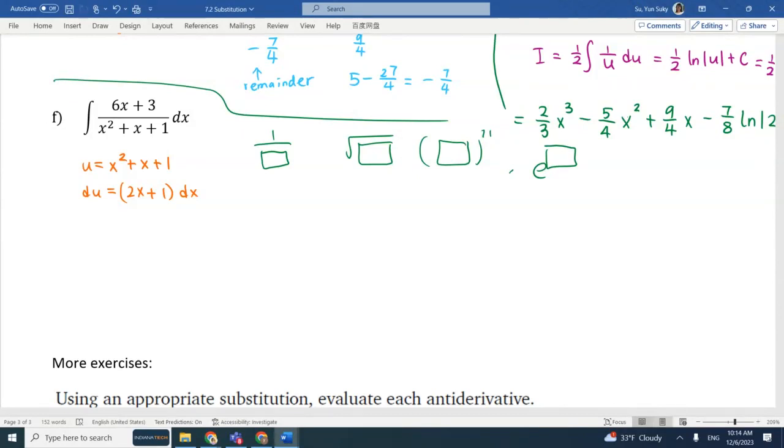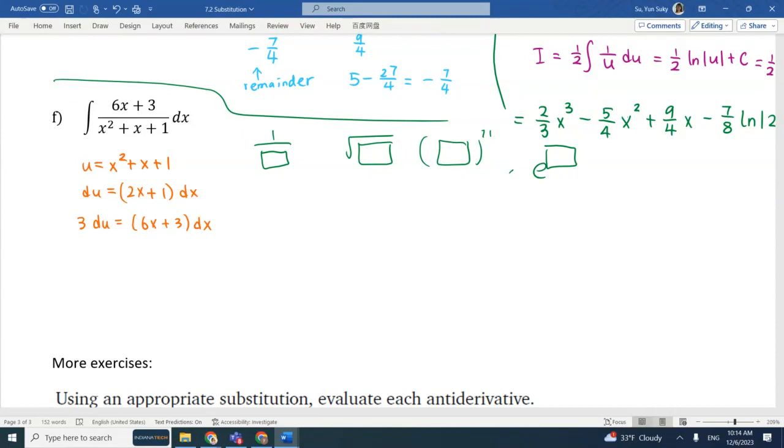We have 6x plus 3 dx. How do you get 6x? What do you multiply? Yeah, multiply by 3 on both sides. So we get 3 du is 6x plus 3 dx. Right, everybody?